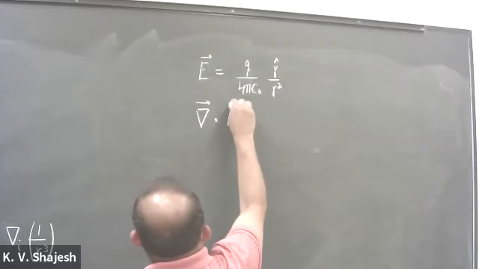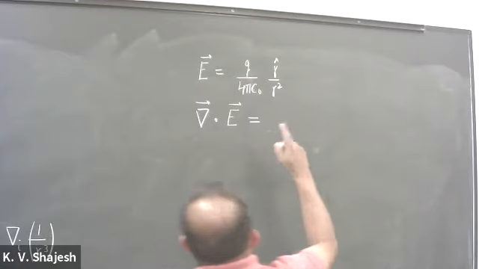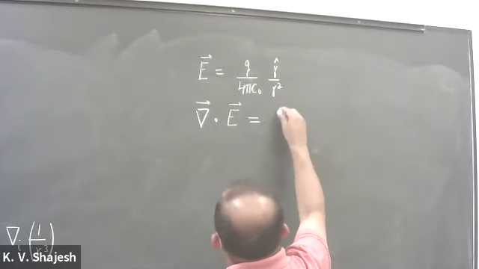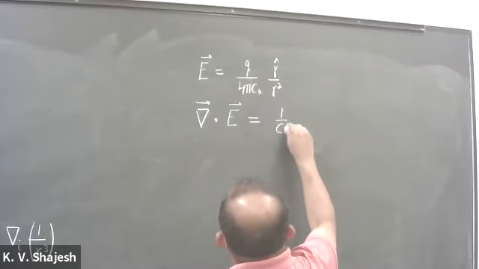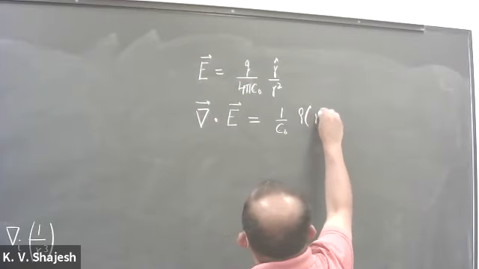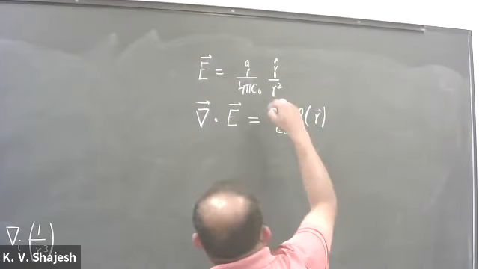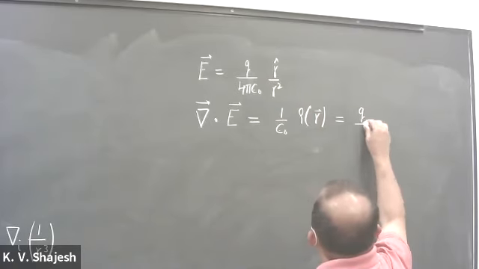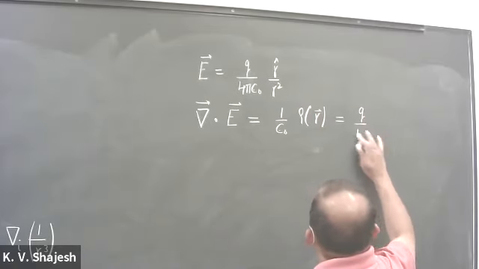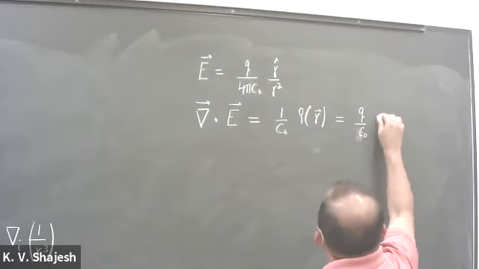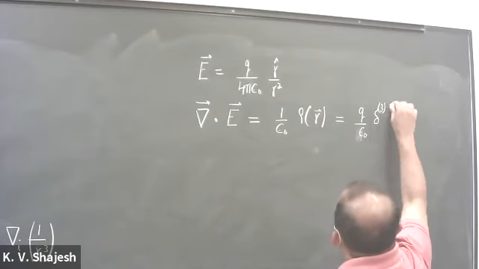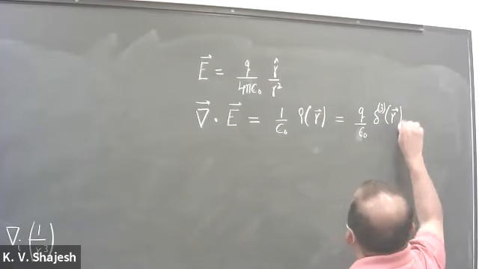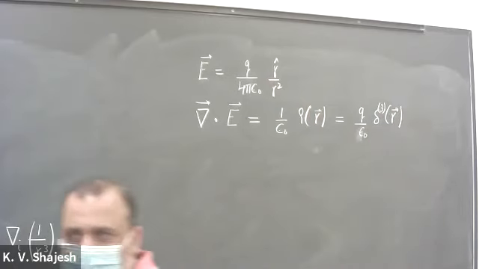The divergence of the electric field has to be equal to the charge density over epsilon naught, which for a point charge is Q over epsilon naught times the delta function at the origin, so it is of r.